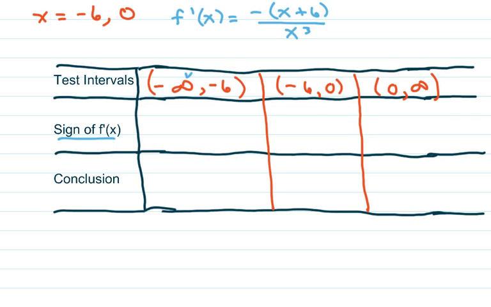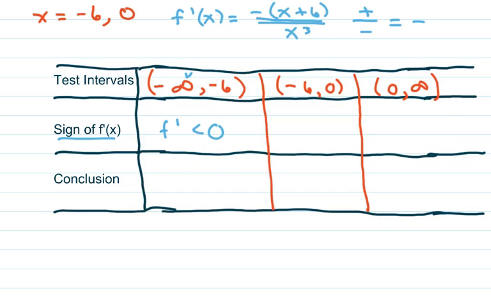If you plug in a negative here, you're going to get a negative times negative, that's going to be a positive. However, when you plug in a negative into the denominator, you're going to get a negative. So this is a negative. Alright? So our derivative is negative.